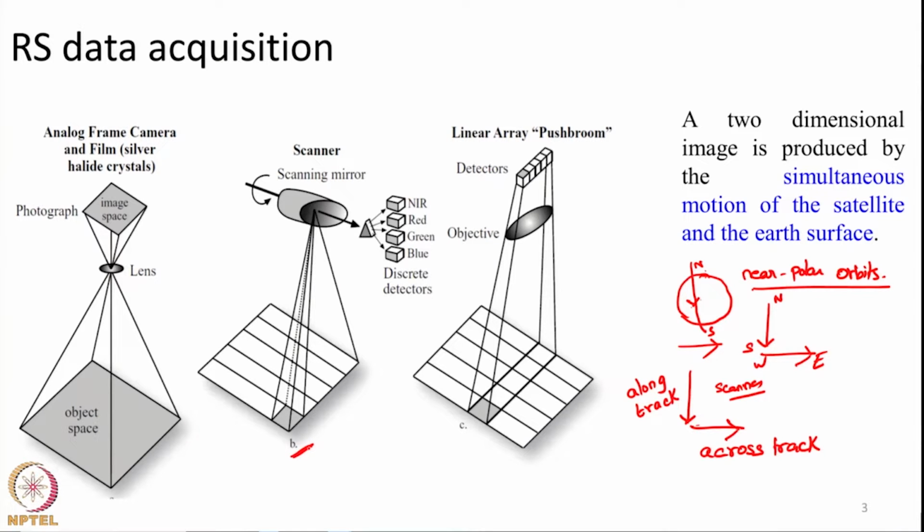It shows that the satellite is moving in this particular direction. Let us assume this is along track. In this direction the image will be collected by satellite motion. In earlier days when satellites were launched, digital camera technology was not as advanced as it is today, in the early 70s.